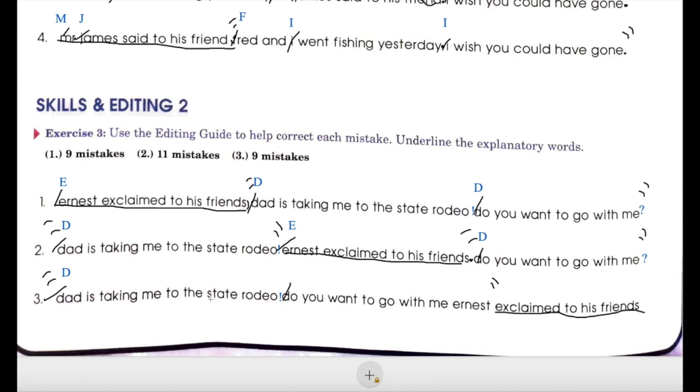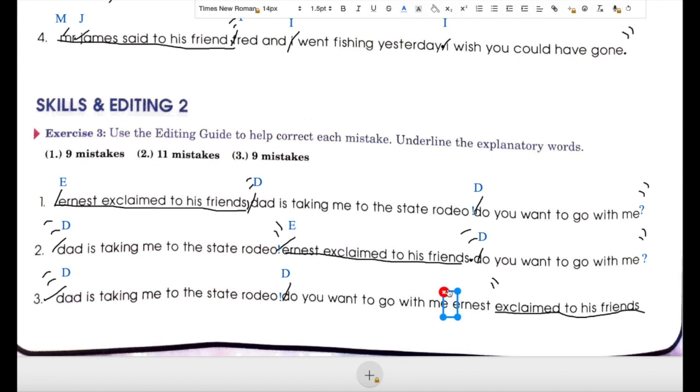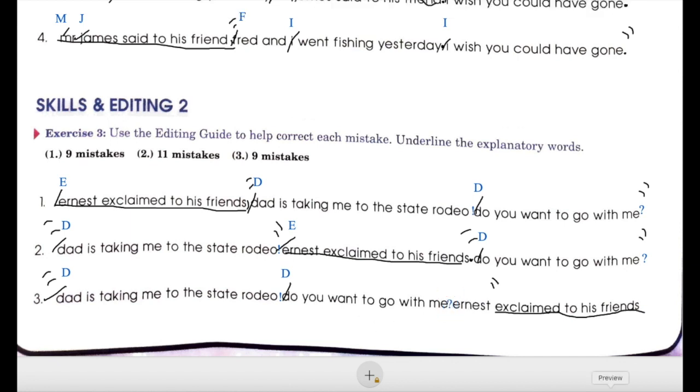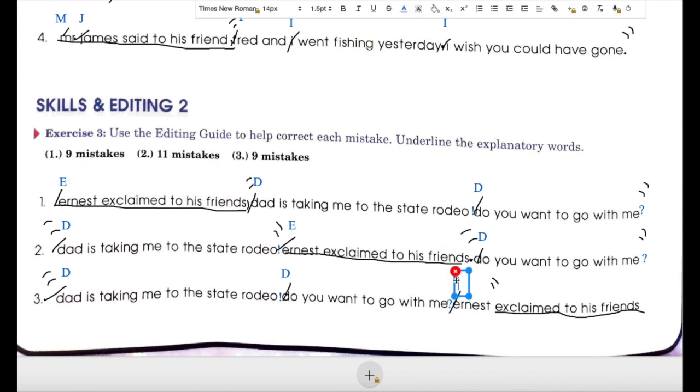Capitalize the first word of the next sentence. Put a question mark at the end of the next sentence because it's a question. Capitalize Ernest. Put a period at the end of the sentence.